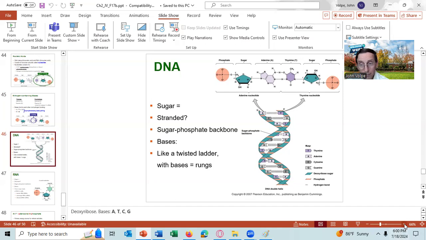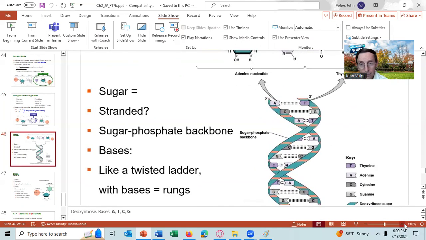Let me blow this up. So there's the sugar phosphate. The nucleotide bases are on the steps out from that single strand.